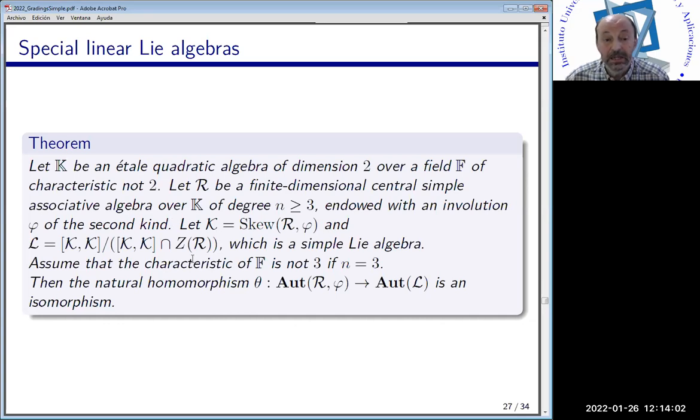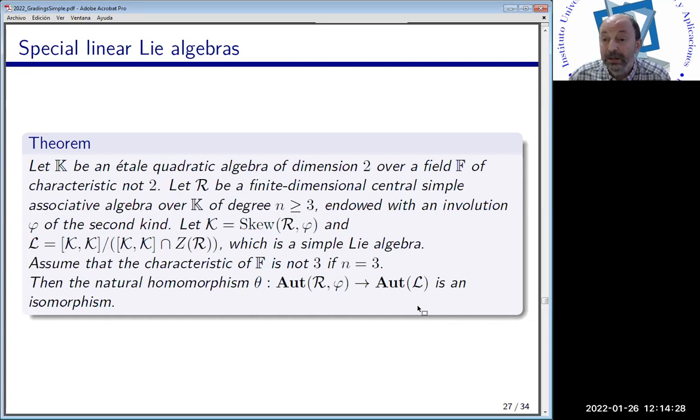And this is a simple Lie algebra, and again, with some exceptions, and in this case, the exception is in characteristic 3 and degree 3. With these exceptions, the natural restriction homomorphism gives an isomorphism between the group scheme of automorphisms in the associative setting and the group scheme of automorphisms in the Lie algebra setting.